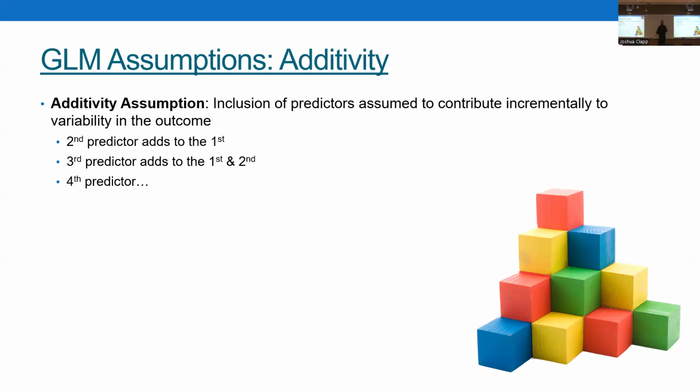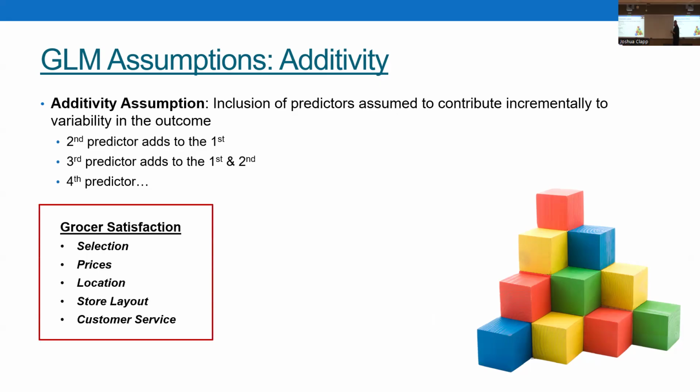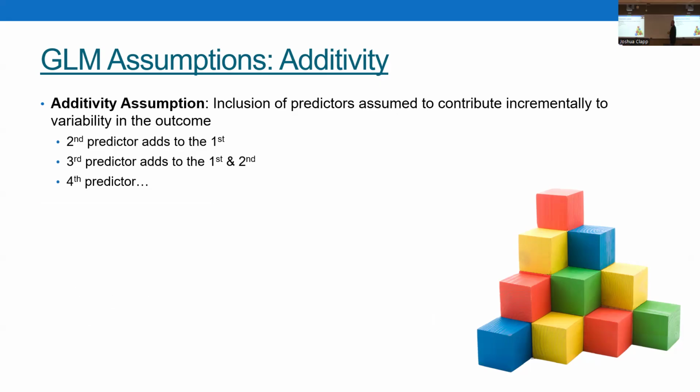So here's the total variability of my outcome, okay? So this is all of it, right? What I am hoping is that my first variable, variable one, is accounting for this proportion of the variability in my outcome, okay? And then I add my second variable, and it's accounting for that piece, right?